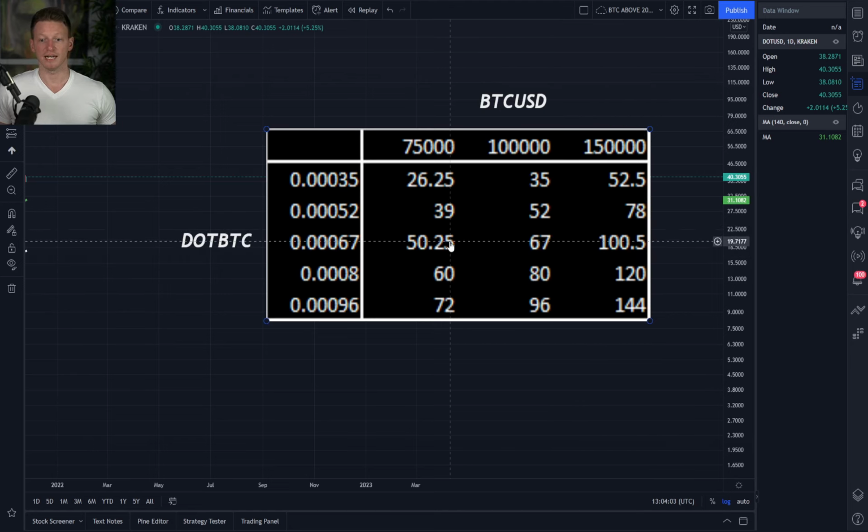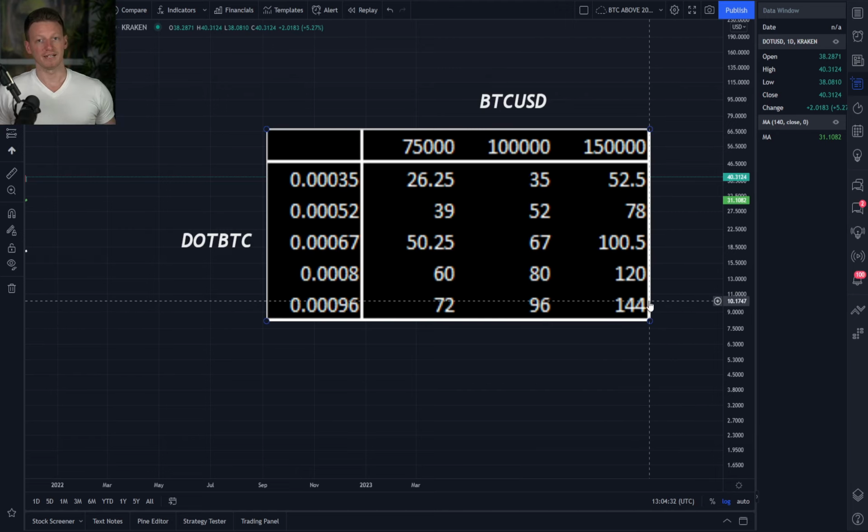And I tend to think that if Bitcoin does get up to these higher levels, Polkadot will probably increase in valuation with respect to Bitcoin because people will be moving into altcoins during that time. So if we get into this $100,000 up to $150,000 range, I think you would be looking at somewhere between $100 to $140 Polkadot.